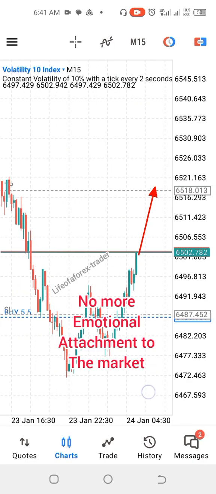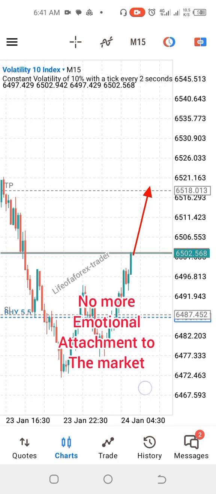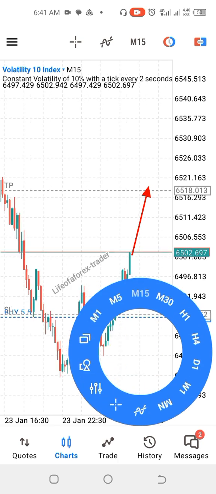So now, at this point, there are no emotions in this market anymore, because whatever happens, the market can still reverse back.